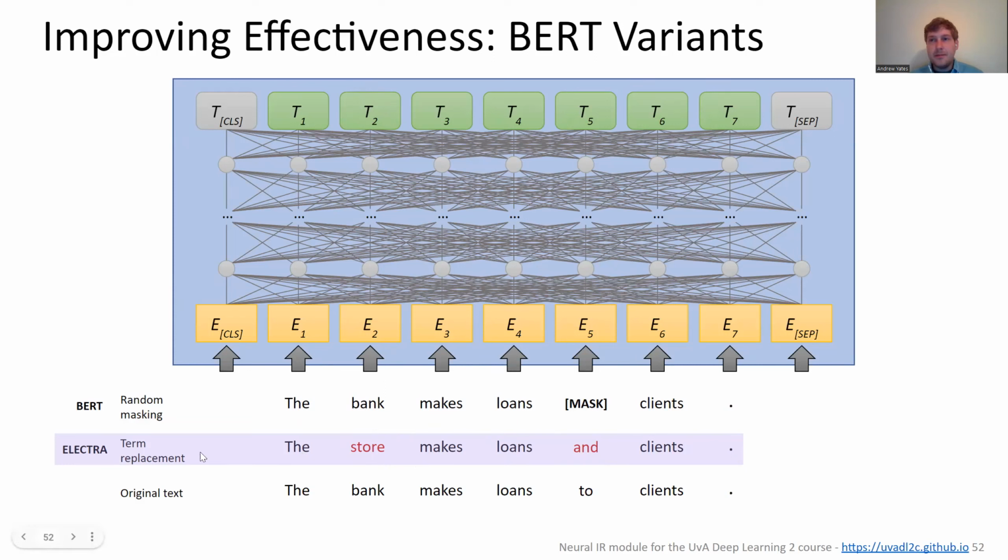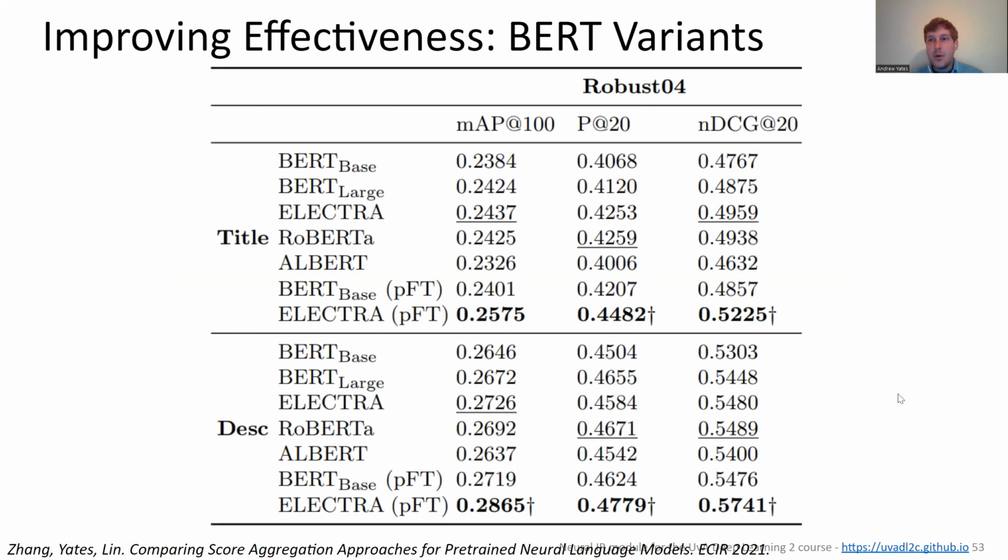So the main key point of Electra is it's simply changing this pre-training task from masked language modeling to this term replacement task. And what we see is this actually brings some pretty decent benefits. Out of these various BERT variants listed in this table, I only went through Electra in detail because this is the one where it seems like there is some benefit to using it.